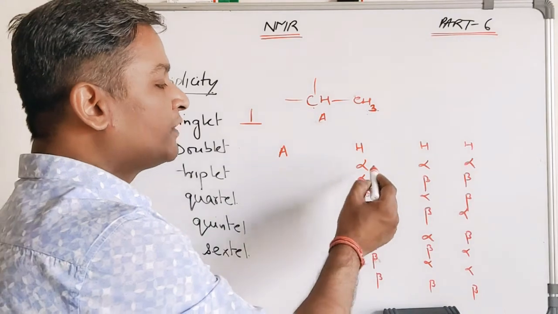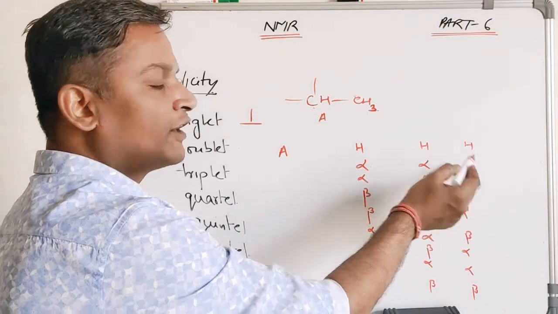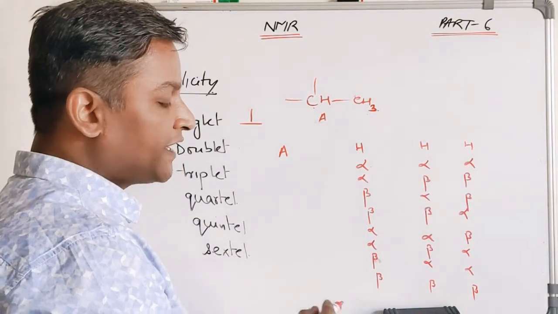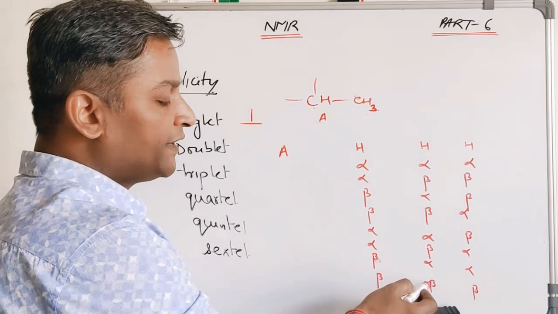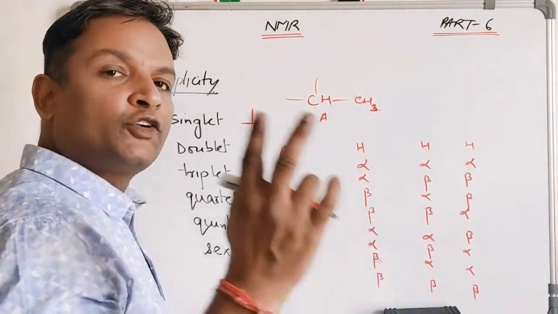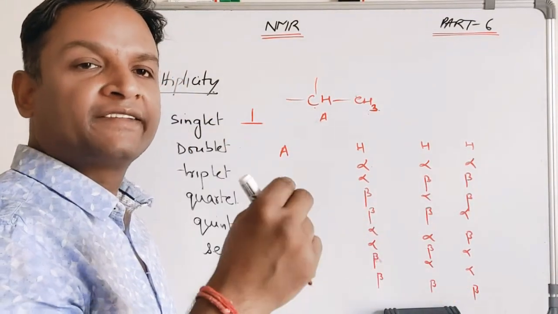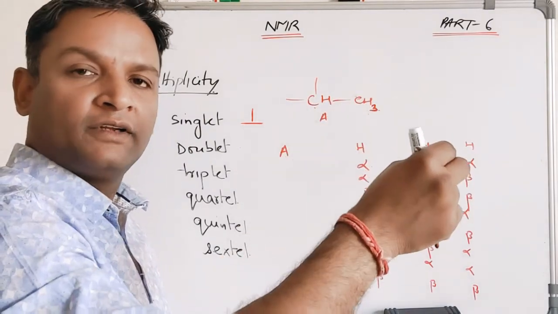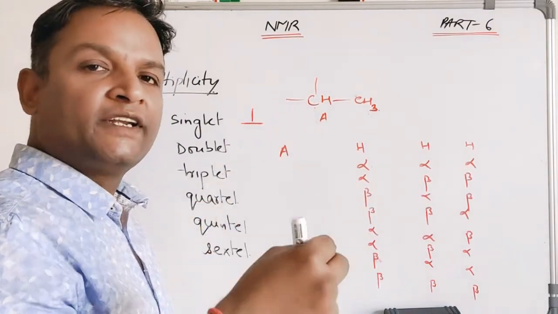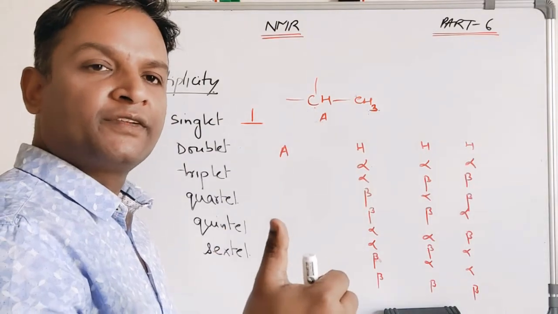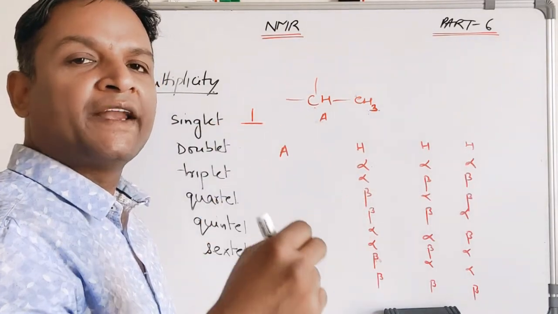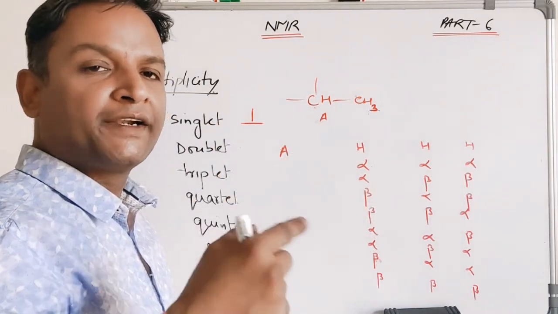Possibility is that all of them may exist in alpha, alpha, and alpha states. Possibility is that all of them may exist in beta, beta, and beta state. These are 2 extreme cases: the alpha, alpha, alpha extreme case and the beta, beta, beta extreme case. In alpha, alpha, alpha, all of them are in alignment with the external magnetic field.